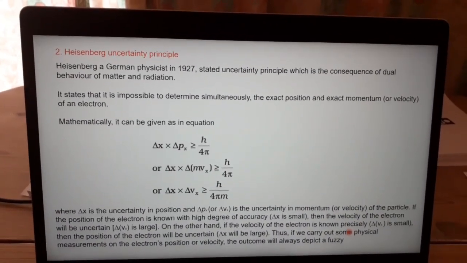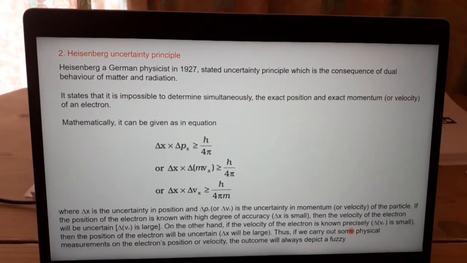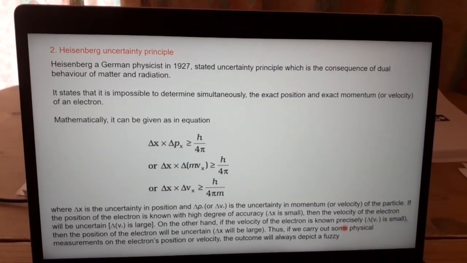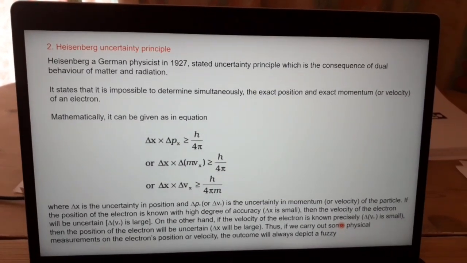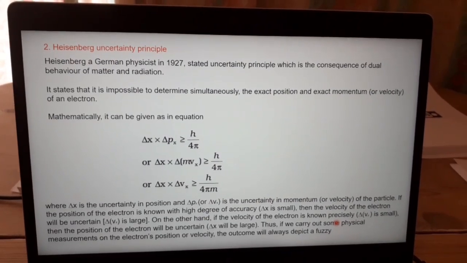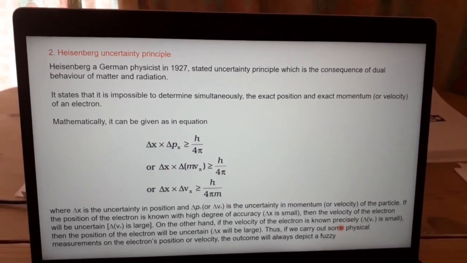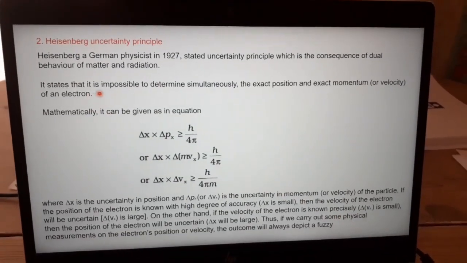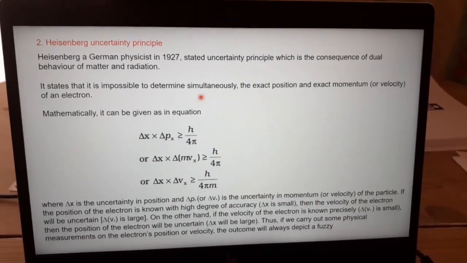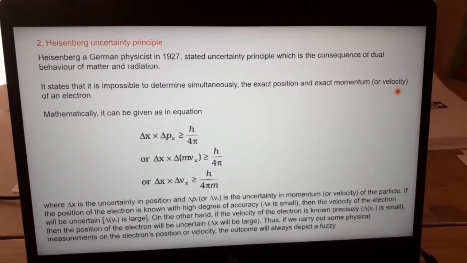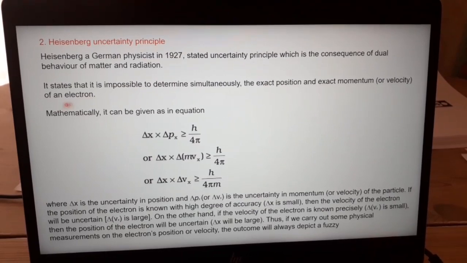So the next theorem is the Heisenberg uncertainty principle. A German physicist in 1927 discovered the uncertainty principle of matter and radiation. It states that it is impossible to determine simultaneously the exact position and the exact momentum or velocity of an electron.